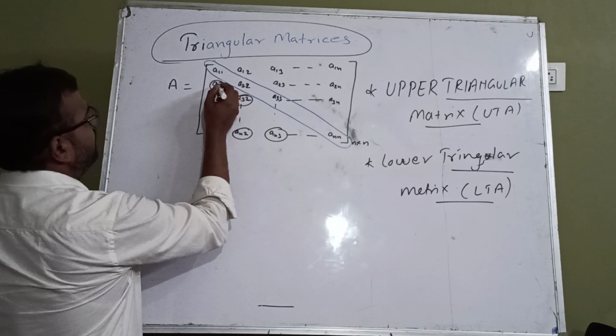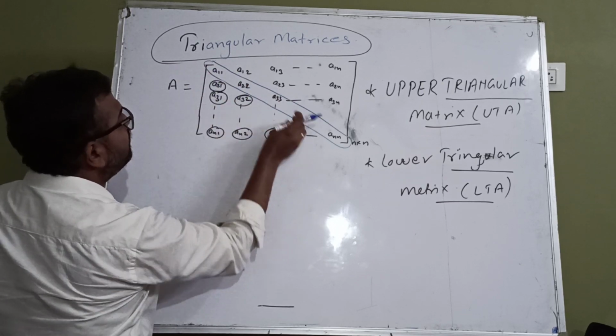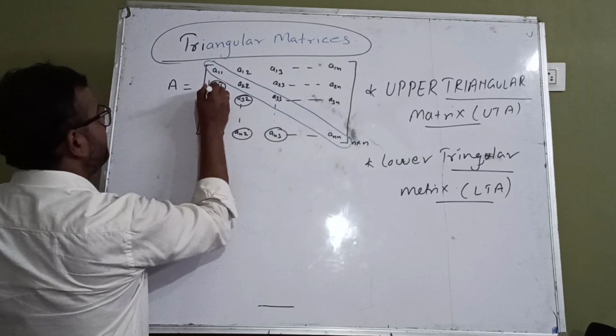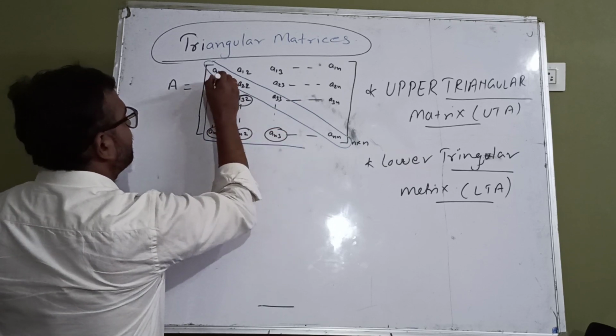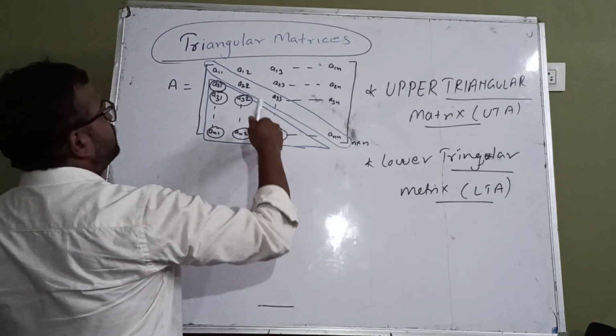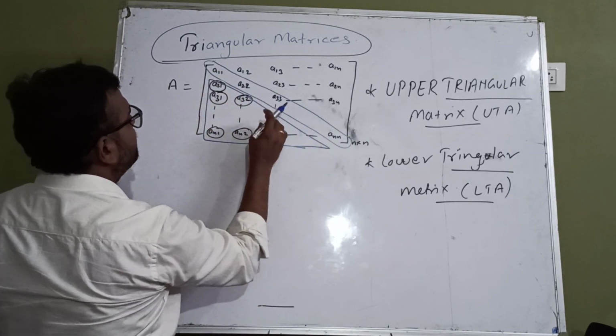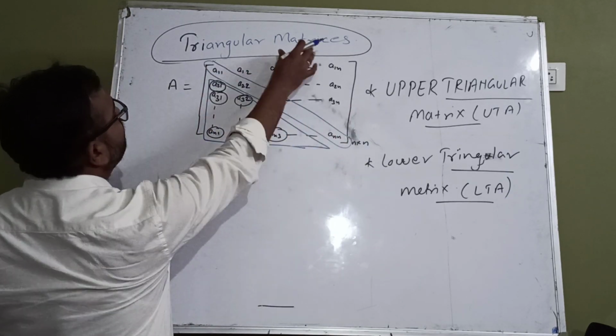If you make a shape by joining all the elements below the diagonal elements, it will look like a triangle. So by the triangular figure, the name is called the triangular matrix.